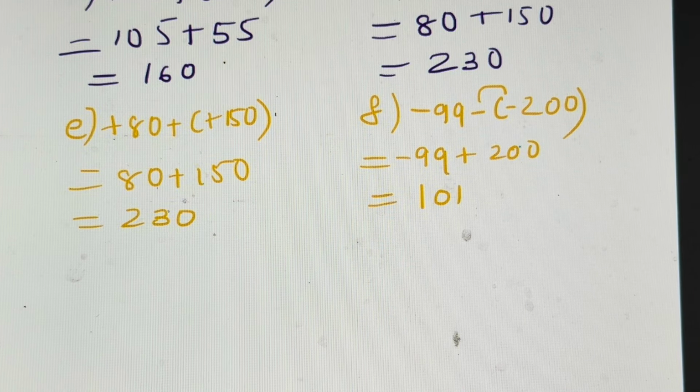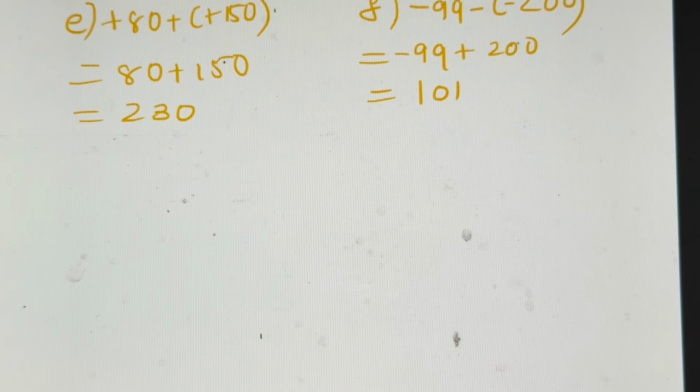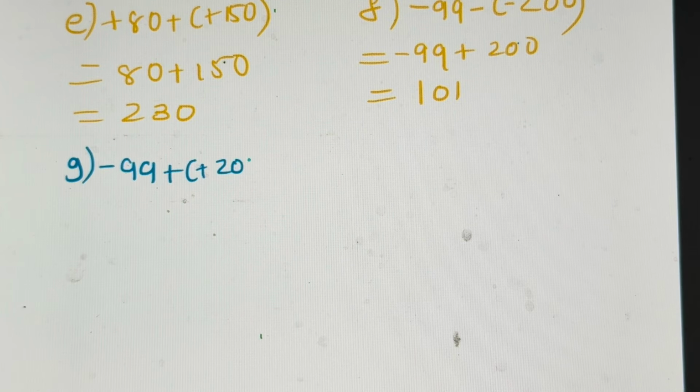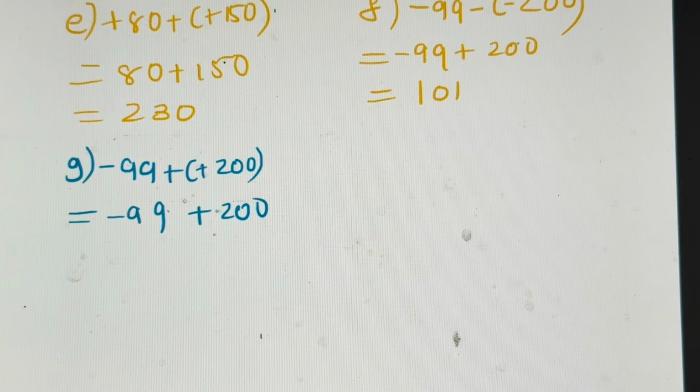Now we'll do question number G. Minus 99 plus 200. Right? So minus 99 remains as it is. Plus means plus 200.